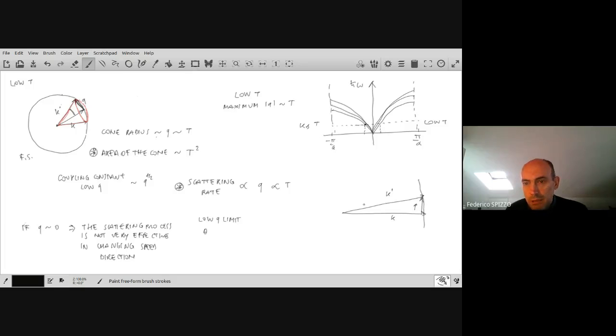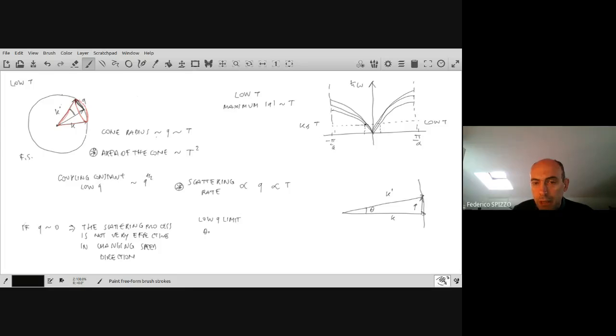In principle, the angle is defined as the length of this part of the circle divided by the radius of the circle. But if this angle is very small, we may suppose that the length of this part of the circle and the length of this straight line here are nearly the same.